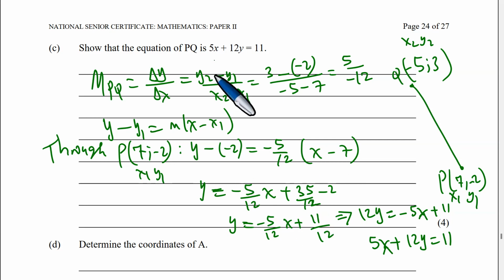It has exactly been written. 5x plus 12y equals 11 is what was given, and that is what we got in this question.